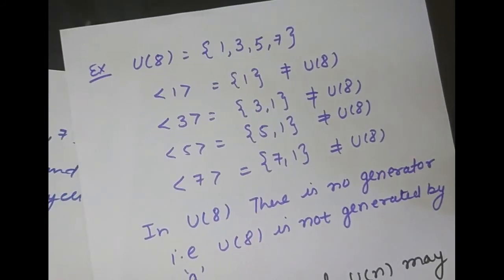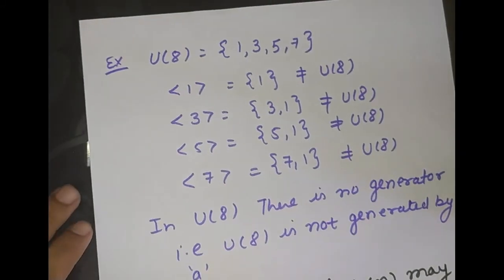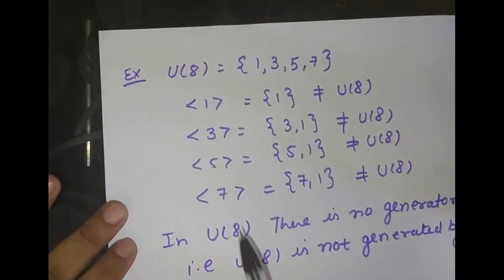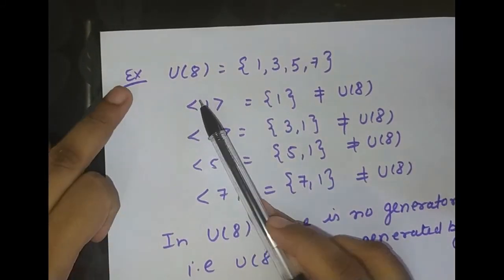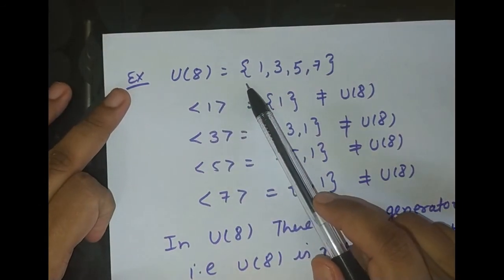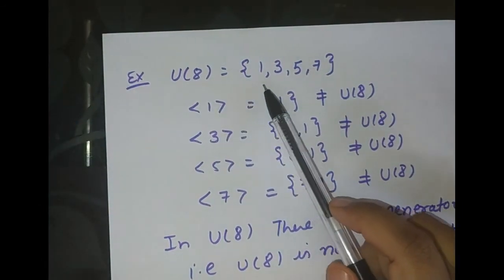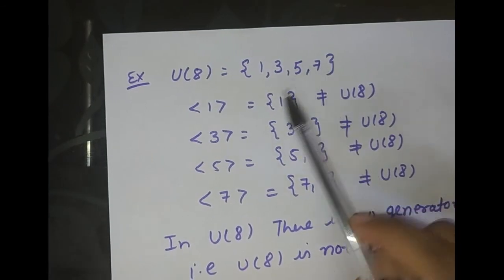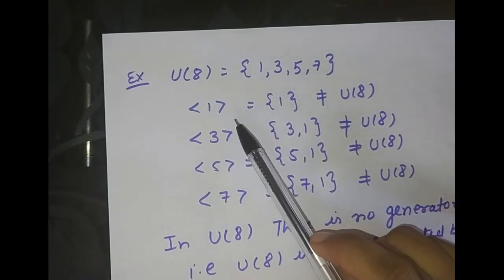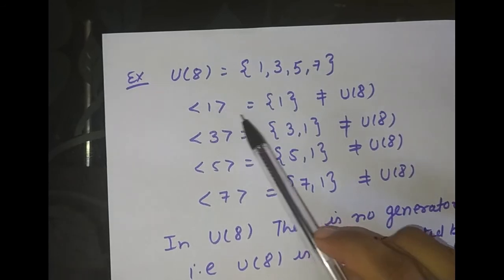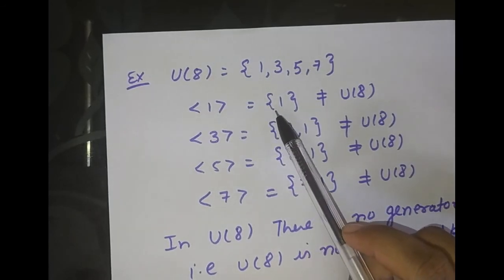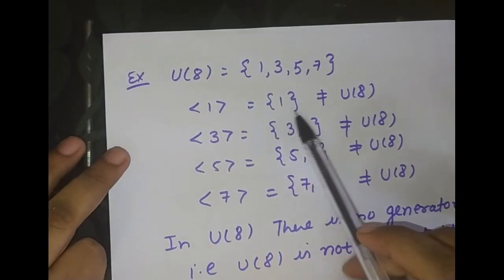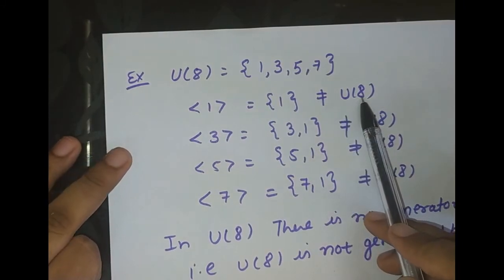Now our last example. Suppose we have this group U8, and in this set we have the elements 1, 3, 5 and 7. So generated by 1, we have only a single element, that is 1. So this 1 is not the generator of this U8.